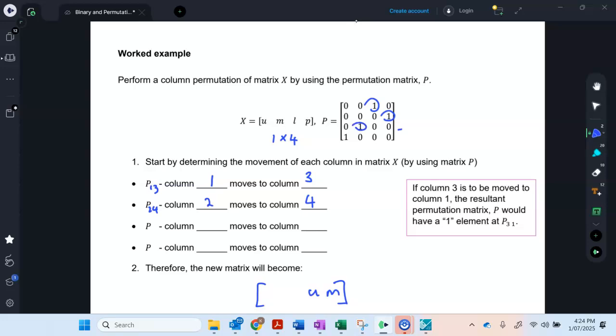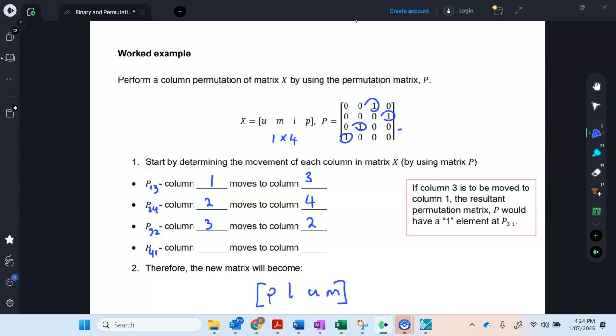So row 3, column 2. So column 3 moves to column 2. So column 3, we have the letter L. That's now going to be in position 2, or column 2, I should say. And then lastly, we've got row 4, 1, and, well, we've only got one spot left, but we can just see that. So P is in position 4, now moves to position 1.